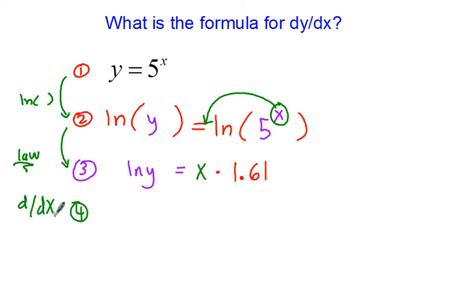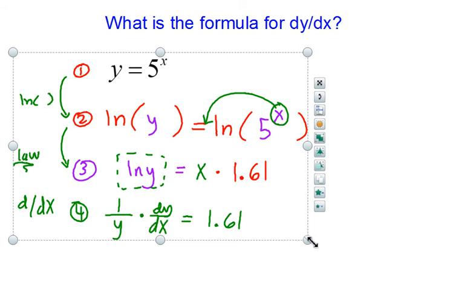All right, now we've already seen that the derivative of the natural log function is just 1 divided by the input. Here the input is y, and y has its own rate of change, so the chain rule tells us to multiply them together. Okay, and on the right side, we want the rate of change of 1.61 times x, which is just 1.61.